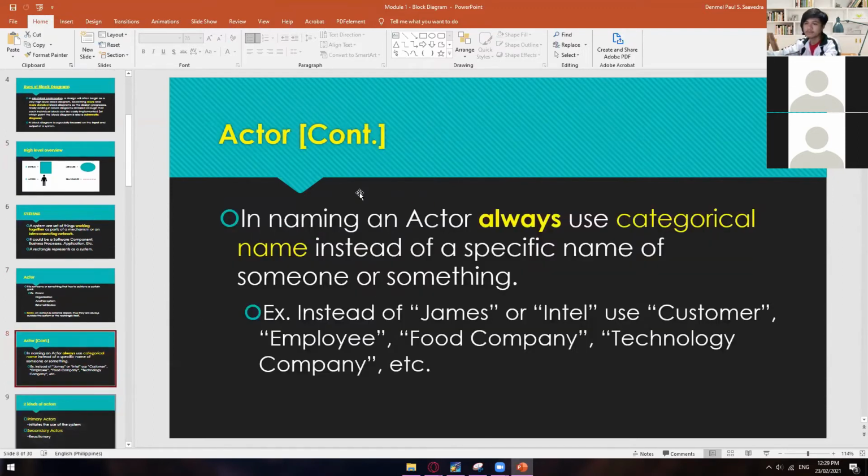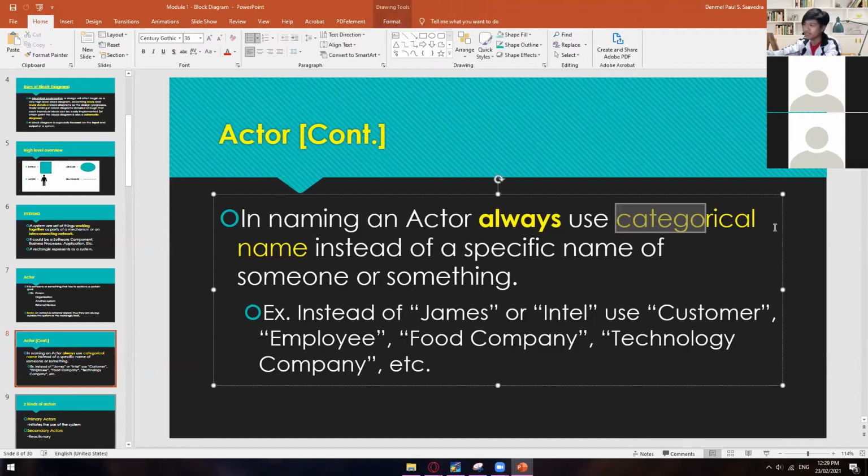Okay. So in naming an actor, always use a categorical name. When we say categorical, it's like a general name. So instead of saying James, which is just the name of one person, why not use the word customer? Instead of using the word Intel, which is very specific again, why not use technology company?